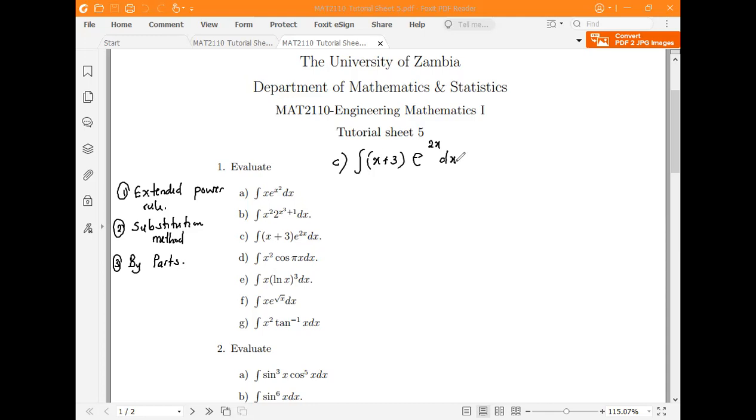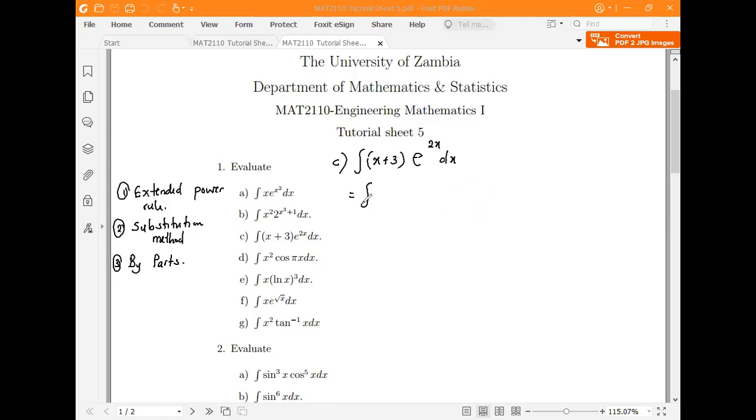But you cannot, because if you let u be 2x and differentiate u, you have a 2. That does not give us the x. So it's not a direct substitution here.